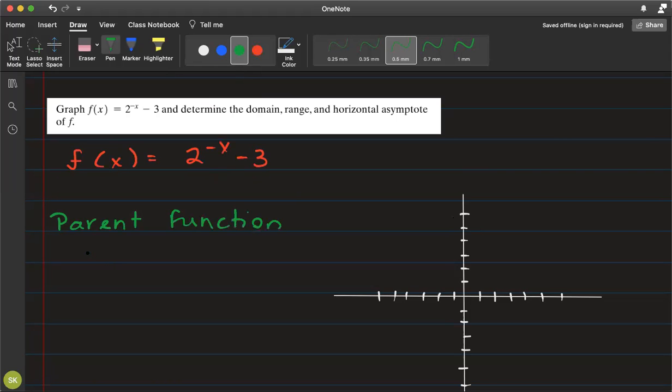You can call it f1 of x, or a different letter, whatever you want, but you need to notice that this looks like 2 to the x. And we know 3 points that this graph goes through: (0, 1), (1, 2), and (-1, 1/2). So this graph is going to look like this.